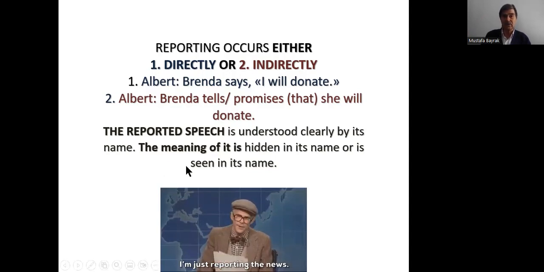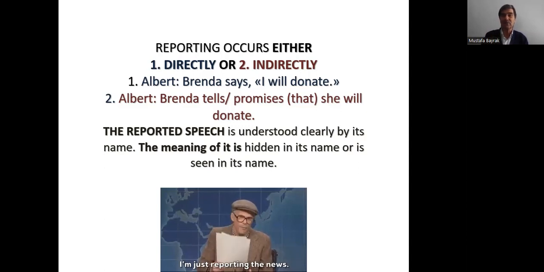Let's read the explanation. Reported speech is understood clearly by its name. Reporting person, reported sentences, reported words, reported speech, reported questions, reported commands, reported advice, reported different kinds of situations. In fact, there are 27 types of situations.